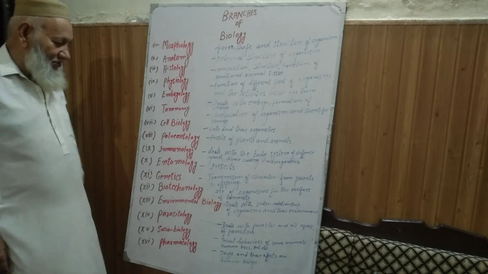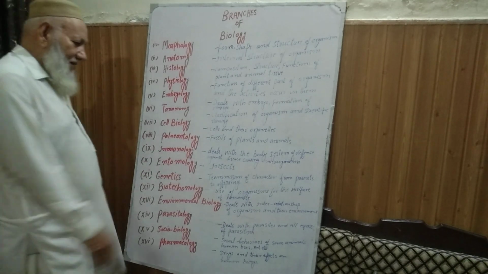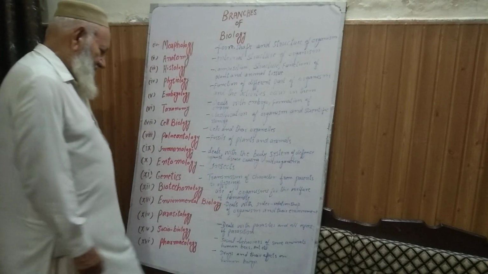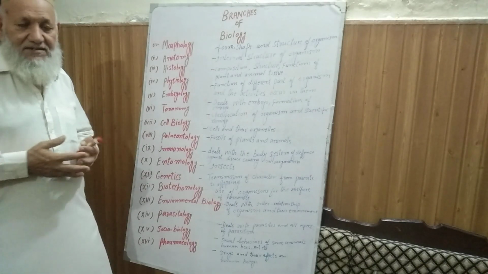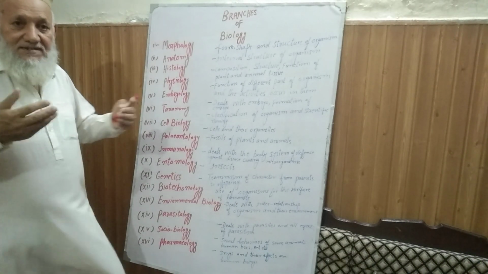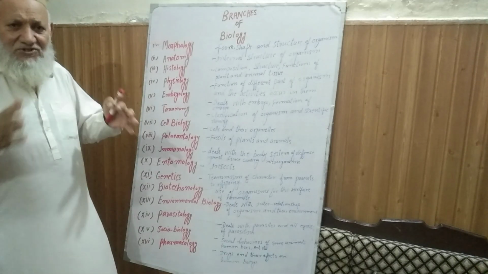Now come to biotechnology. What do we mean by biotechnology? Use of organisms for the welfare of the community. Biotechnologists think about how to utilize living organisms for the benefit of society.